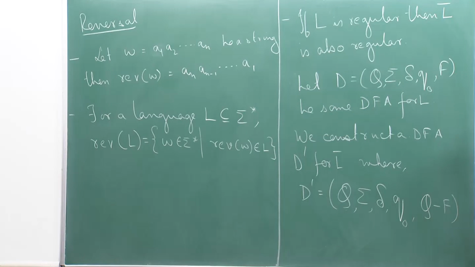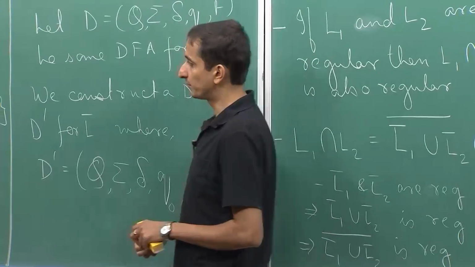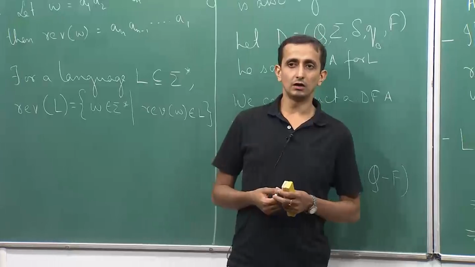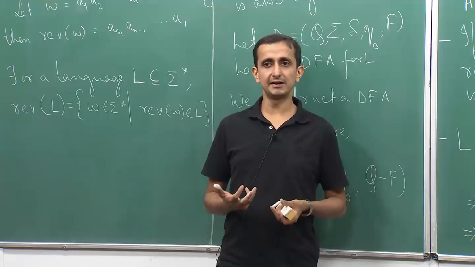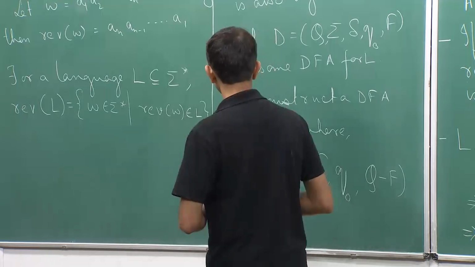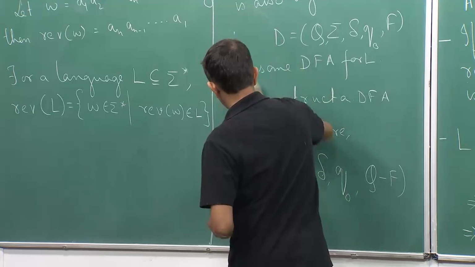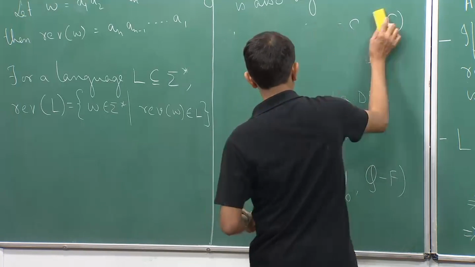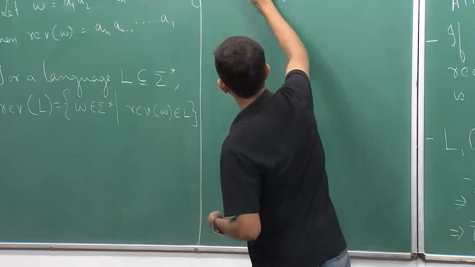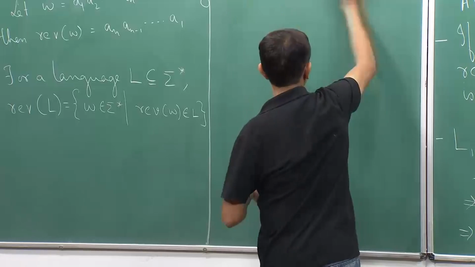Once again we want to study closure properties of reverse of L. In other words, we want to ask the question: if L is regular, is reverse of L also regular? As it turns out, like all other properties that we have seen today, this is also true.